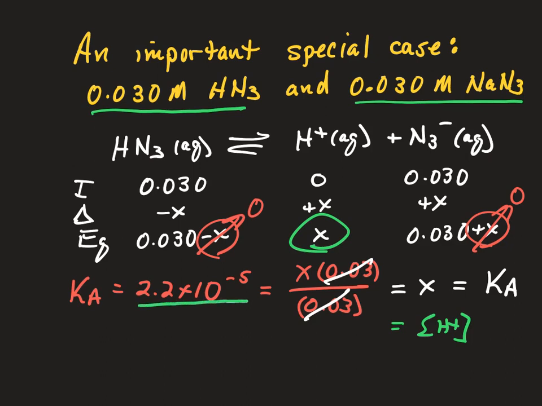Or, if we found it, we can find that the pH is equal to the pKa, the negative log of the Ka. So that is a special case. If the acid and its basic form are in solution together at equal concentrations, then the concentration of hydrogen ion is equal to the Ka, where the pH is equal to the pKa. That is an important special case we have to remember.